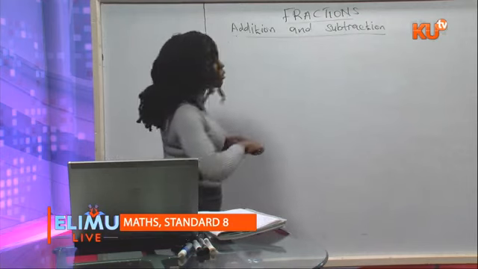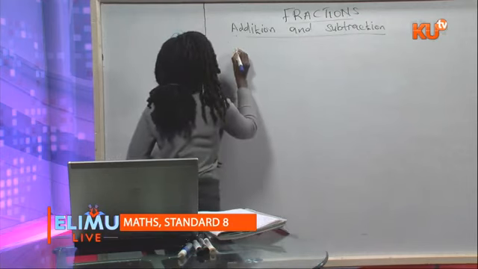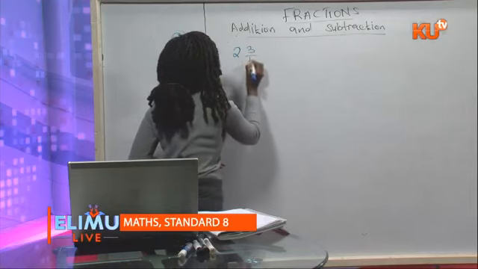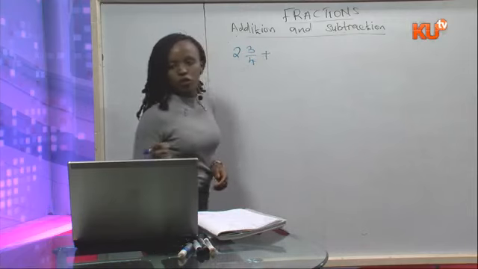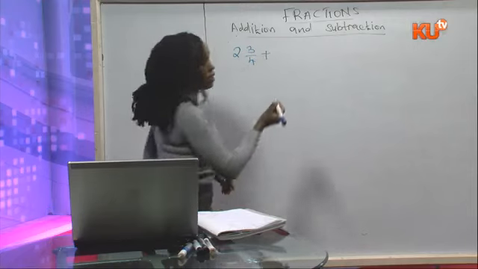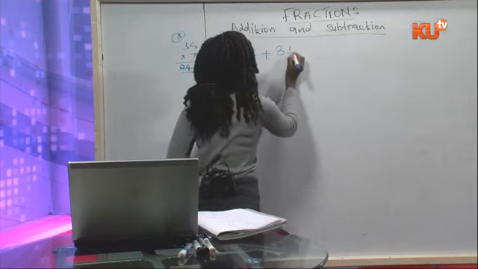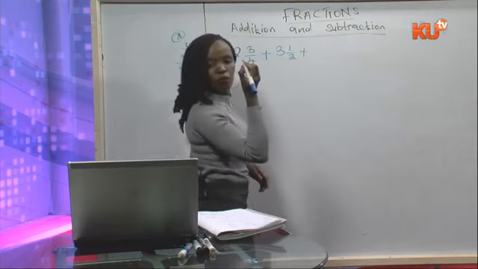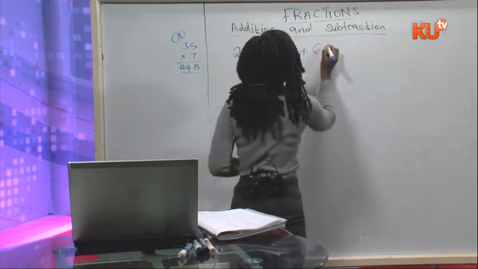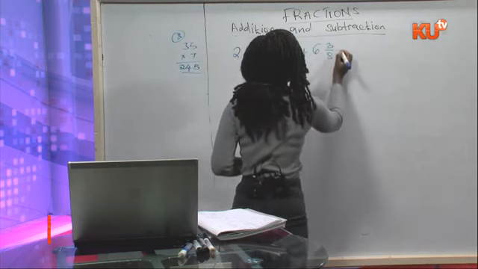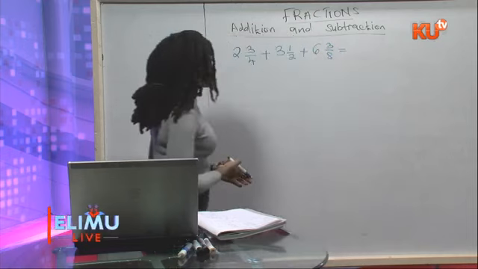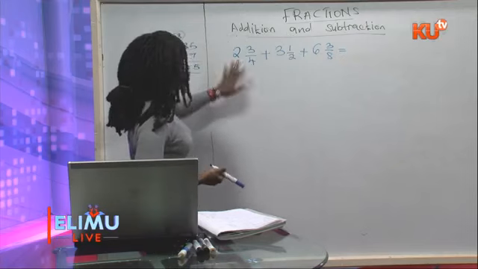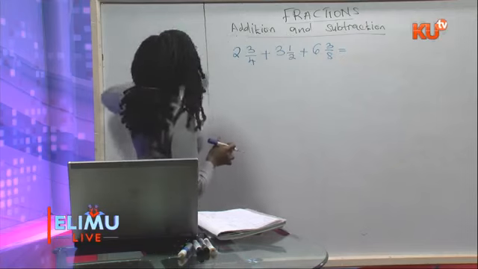We have 2 3/4 plus 3 1/2 plus 6 3/8. So we have 3 mixed fractions. We change them to improper fractions.